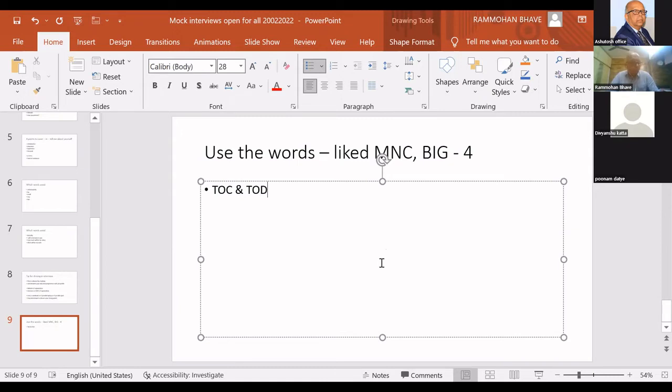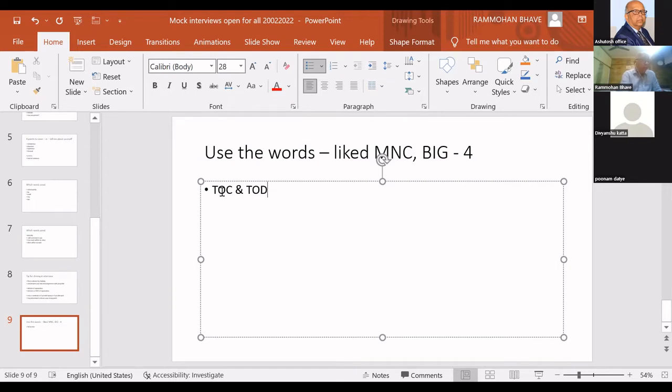Do you know the long form of TOC and TOD? No, sir. Now, what we learn as vouching and posting has been beautifully titled as TOC and TOD.